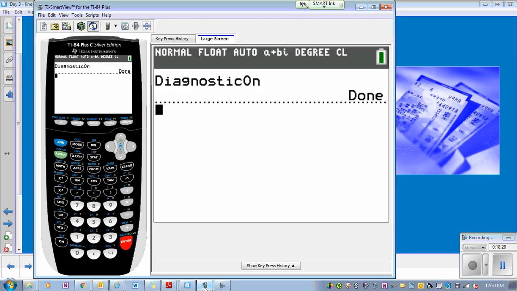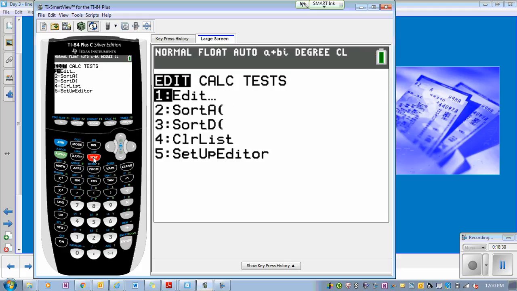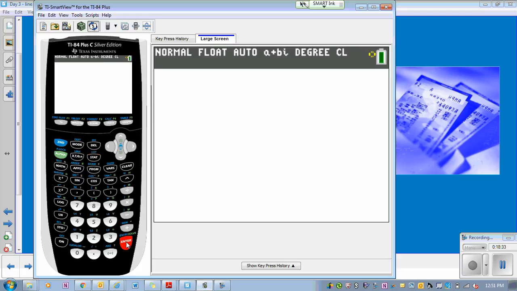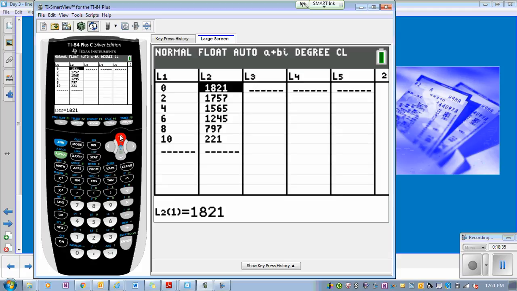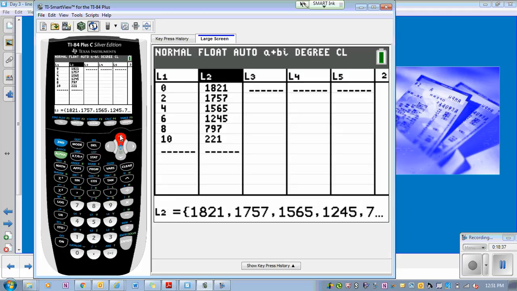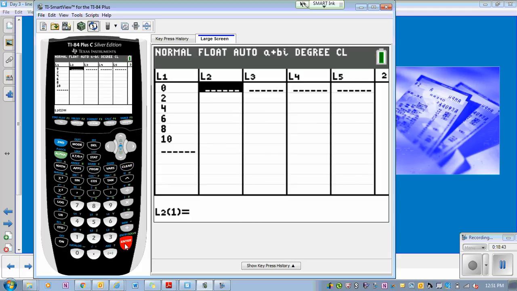All right, so we have to go into stat, and we're going to click enter for edit. If you already have data points in there, go up to the top, hit clear, and hit enter, and it'll clear out everything. If you don't see L1 and L2, please say something. If it skips from L1 to L3, it will make a difference. So make sure you have L1 and L2.